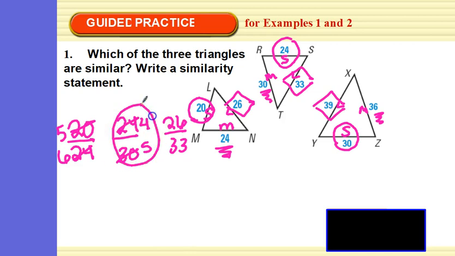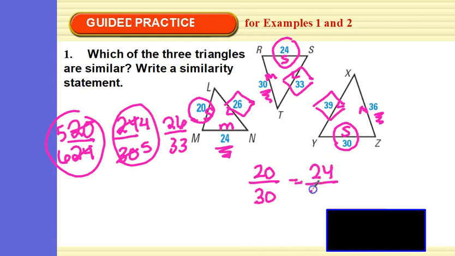Well, we already know from here and here, can these be proportional? No, so these two are not proportional, right? Let's try these two. So if we have 20 is to 30 as 24 is to 36 as 26 is to 39.